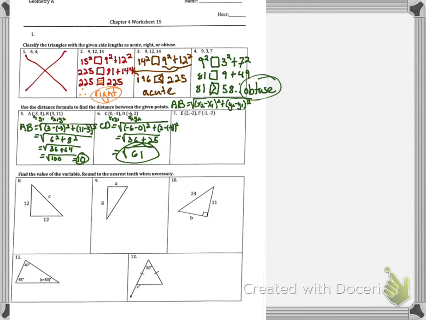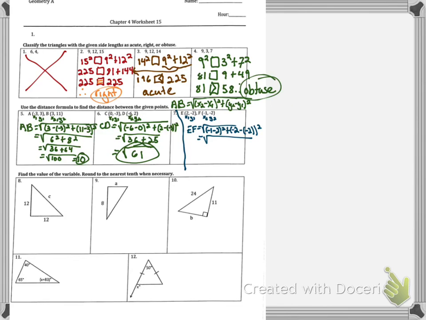I'm going to change color since I bled into the other box. So we'll draw a little line to separate it. We see x1, y1, x2, y2. EF equals the square root of negative 1 minus 2 squared plus negative 2 minus negative 2, squared.